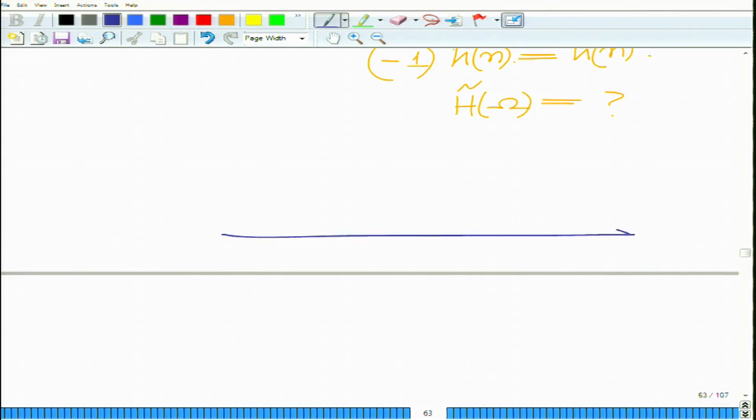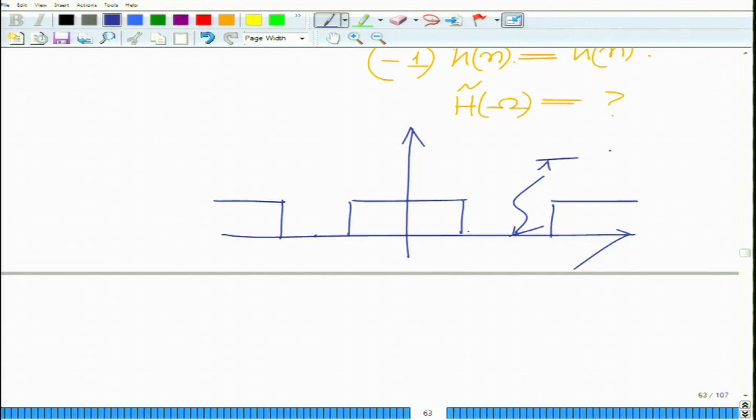Since h[n] is an ideal low pass filter, if you look at H of omega, that will look something like this, and remember it is all periodic with respect to 2 pi. So, it is not necessarily according to scale. So, this is pi, this is minus pi, and this is omega c, the cutoff, and minus omega c, and this is your magnitude H of omega, and this is omega.